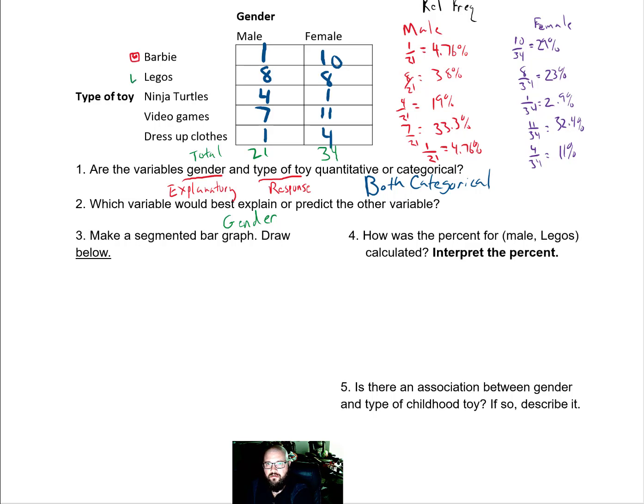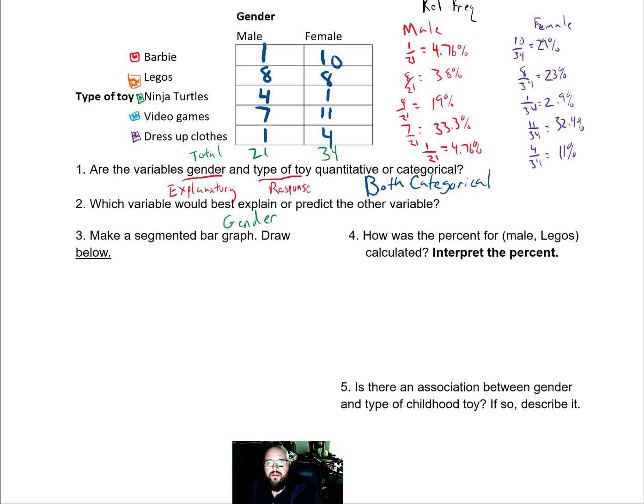Oh no, we can't put them in the green. We got Ninja Turtles as green. Ninja Turtles are green. Alright, we'll put dress-up clothes purple, just to give us some color there. And let's see what other colors we got. We'll do orange for Legos. And then video games, we'll do blue. Okay.